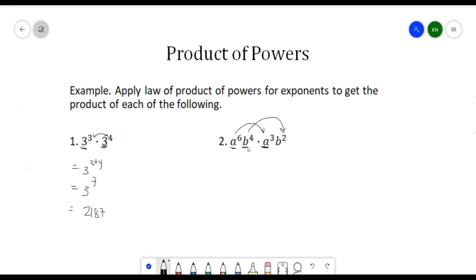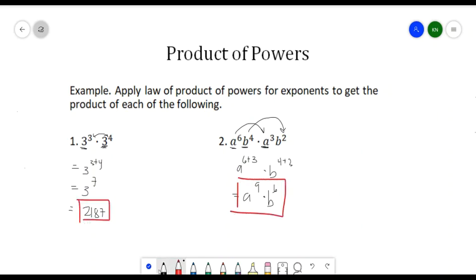So a raised to 6 times a cubed is a raised to 6 plus 3, times b raised to 4 plus 2. So that gives us a raised to 9 times b raised to 6. This is now our final answer.